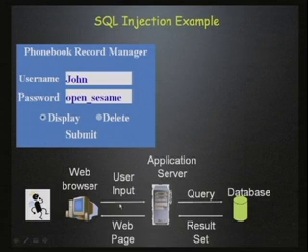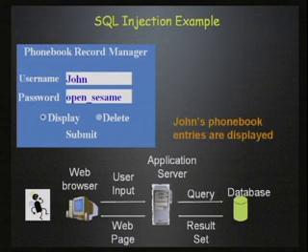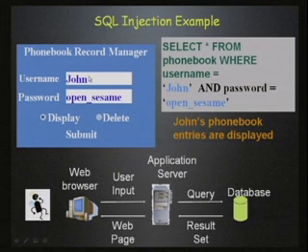So this is a simple web application that will illustrate some of the ideas that we're going to talk about today. So consider the case where the user enters his name John and password Open Sesame. The phone book application allows users to either display or delete their phone book entries. So if the user chooses display, the phone book entries are displayed provided the username and password are right.